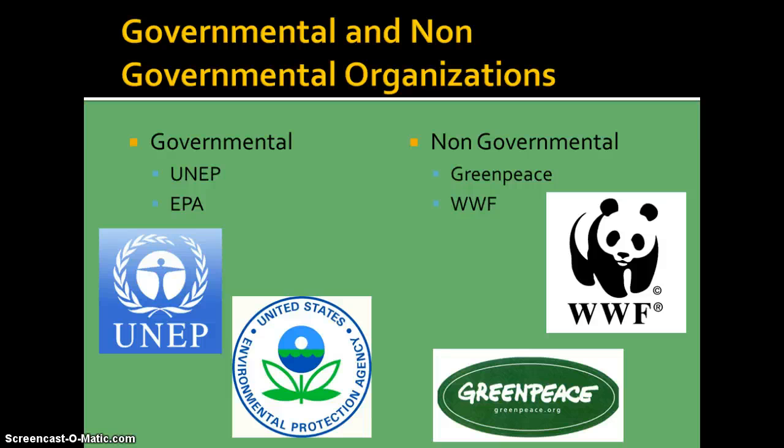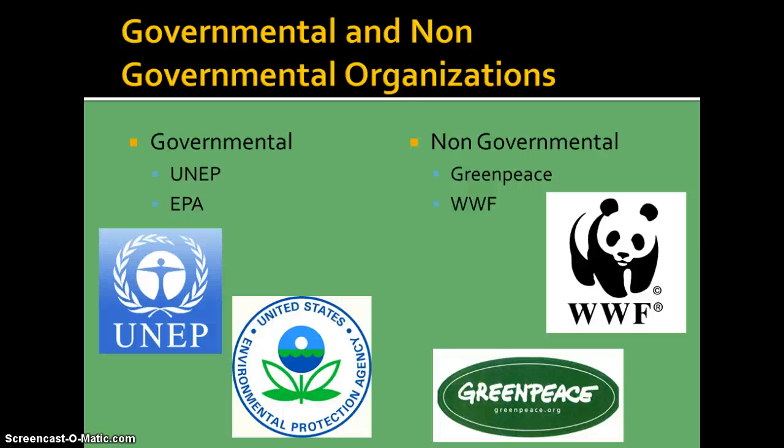We do have some governmental and non-governmental organizations in place. Examples of governmental are UNEP, and then the EPA, our United States Environmental Protection Agency. Now, governmental organizations can pass laws and they can enforce those laws, which is different from our non-governmental ones.